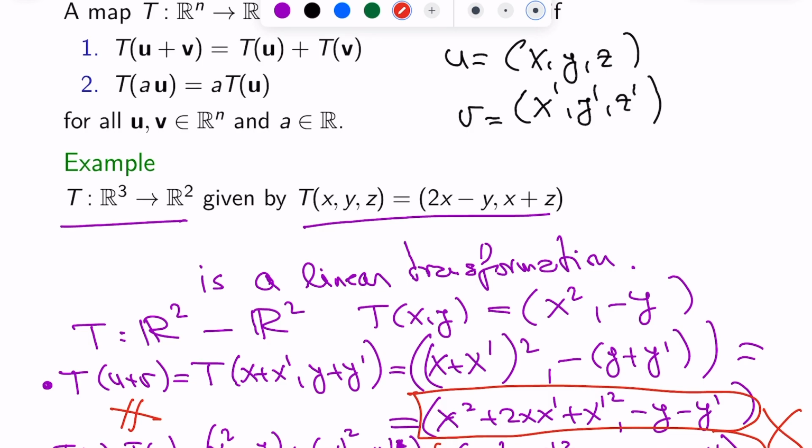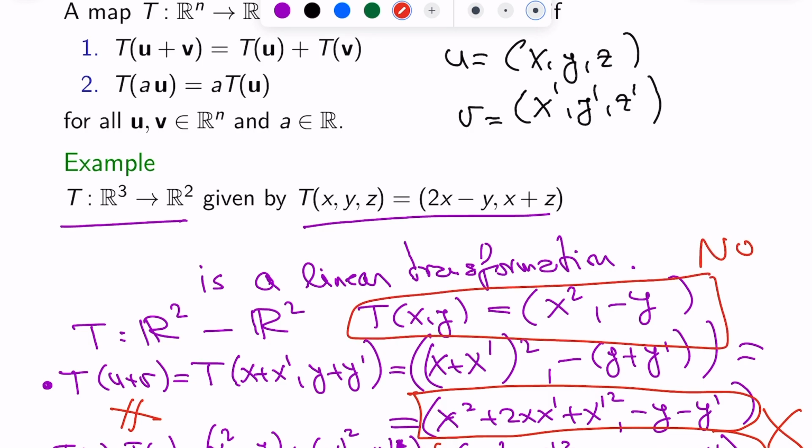So that means that this transformation that we have here is not a linear transformation. Okay, so it's a little tedious to prove, but it's needed to do the operations to see if something is a linear transformation or not.